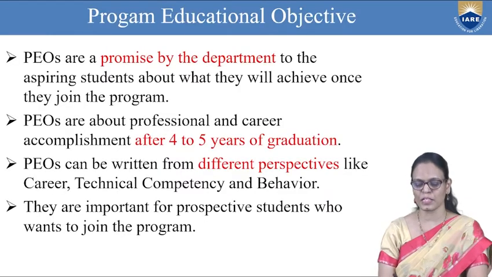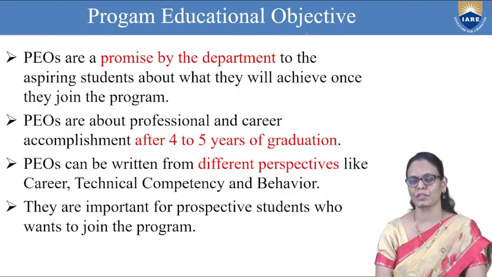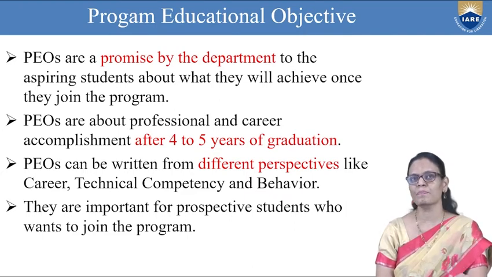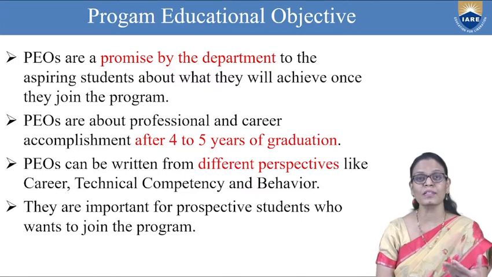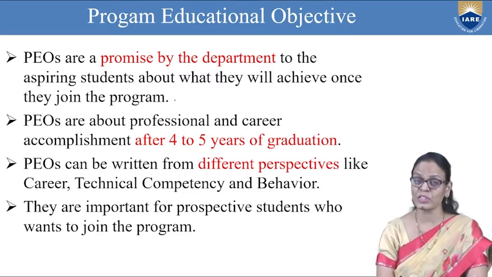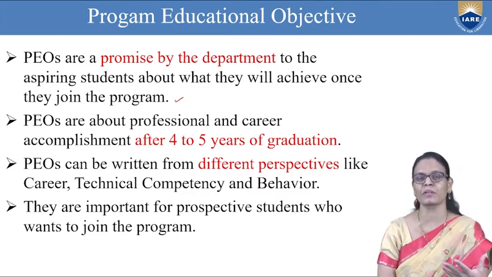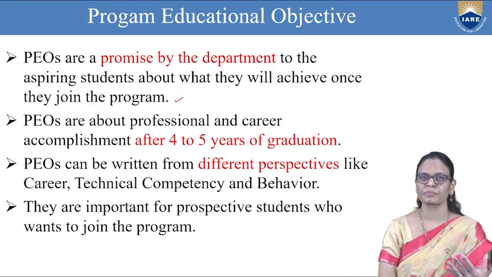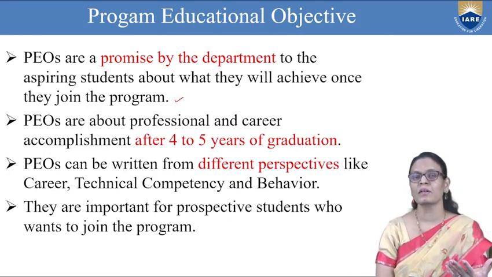The first one is Program Educational Objective. It is a promise by the department to the aspiring students about what they will achieve once they join the program. Before joining the program, the student, or the parent, or all the stakeholders can look at the PEOs.